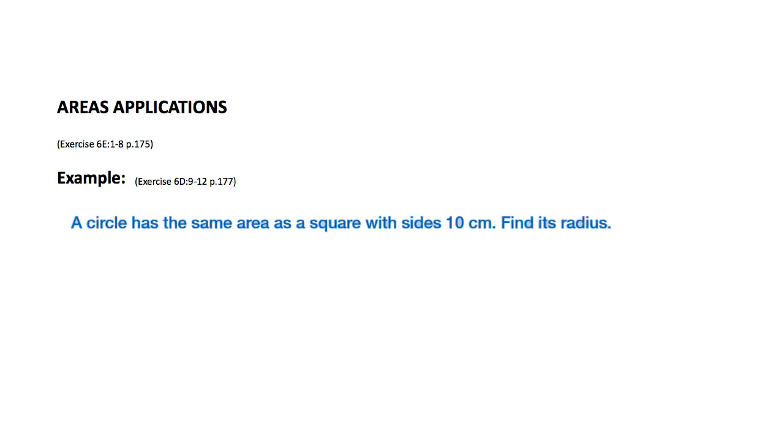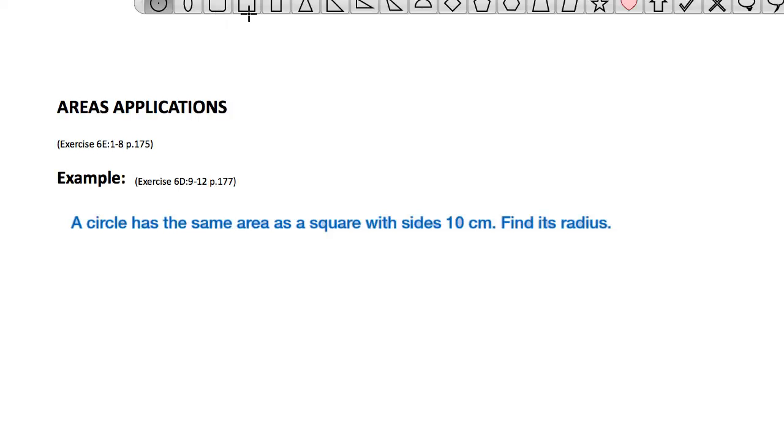Here's a situation where you've got a circle that has the same area as a square with sides of 10 centimetres. Find its radius. Right, so let's actually have a go at drawing the square first of all. So let me see if I can find, here we go, there's a square.